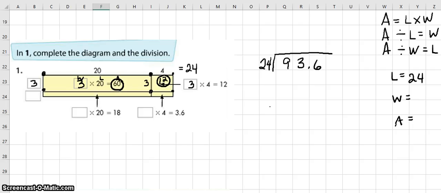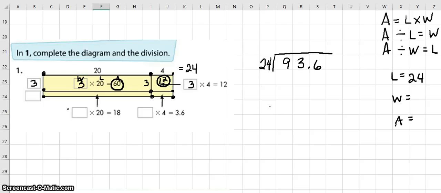But we don't know what the whole area is because we still have this piece from here to here. And we've got this box here that says something times 20 equals 18. That seems like a little harder one to do. Let's look at the other one, see if it's easier. From here to here, we don't know. And from here to here, we don't know. But we do know across, so something times 4 equals 3 6/10.